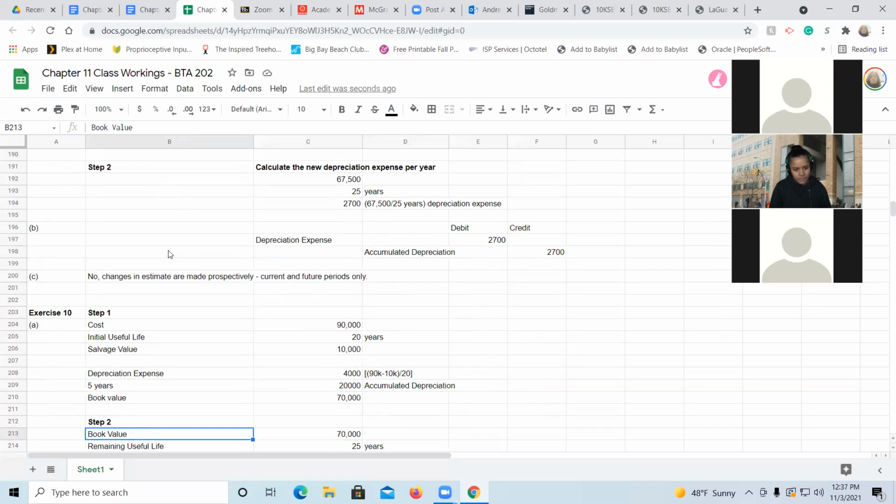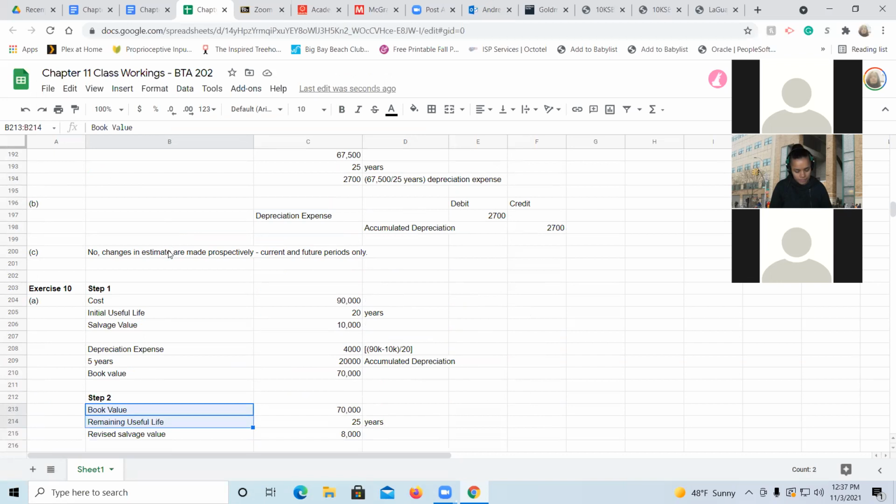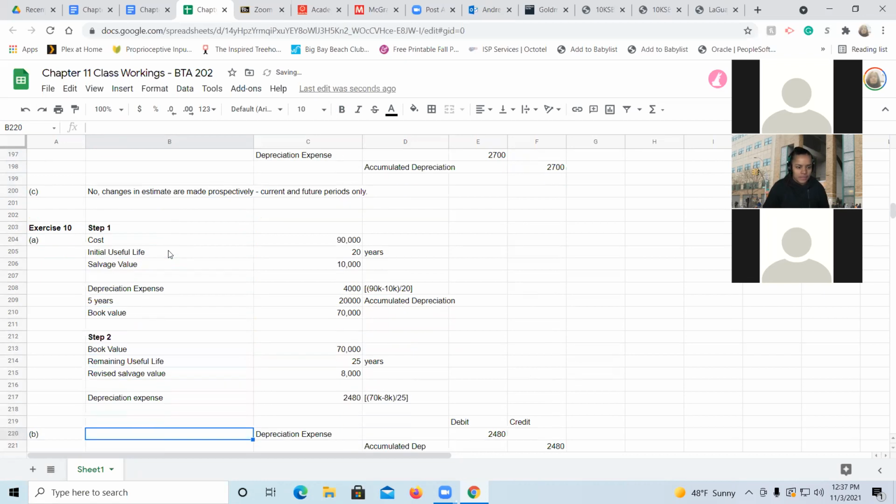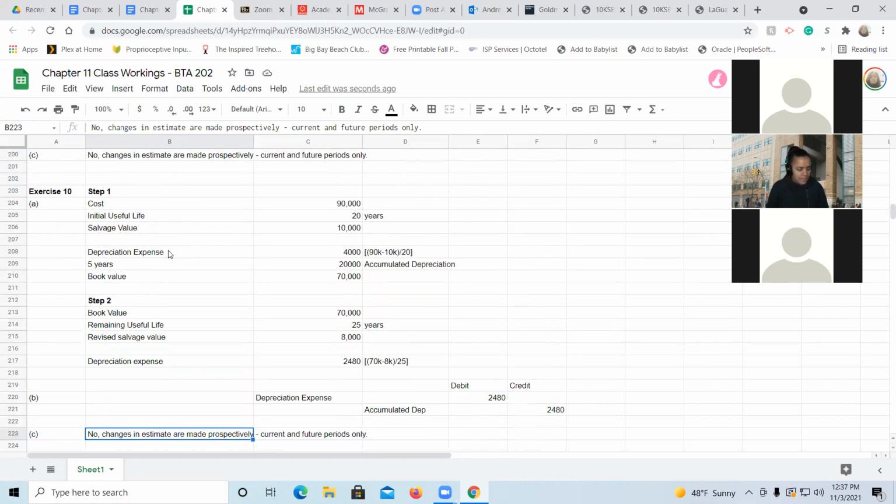All right, okay, I'm just fixing whatever gremlins came in here and messed up my stuff. So that's the end of change in estimates. Hopefully easy enough to follow.